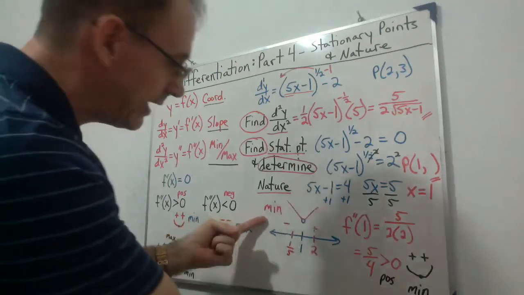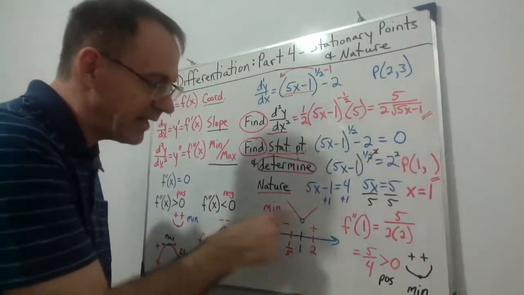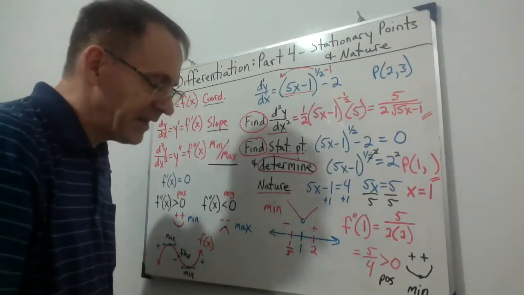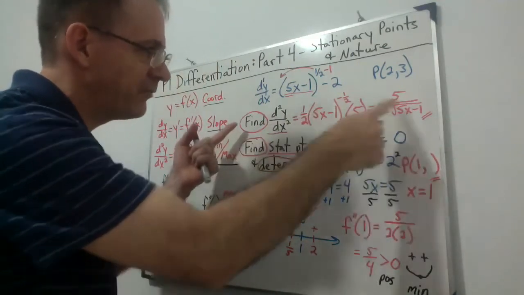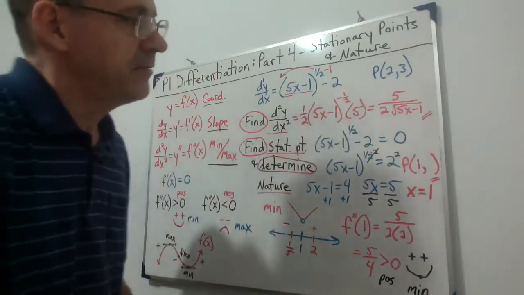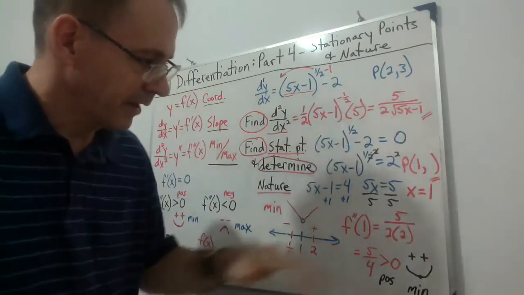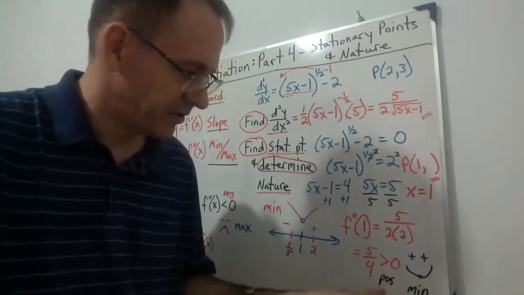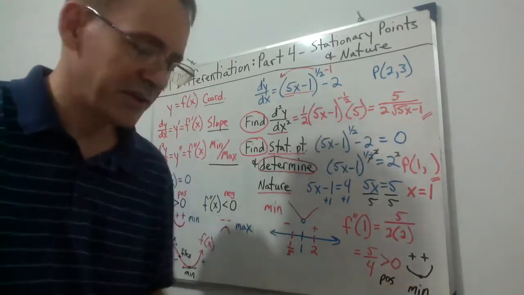So either way, we end up with minimum. Again, this way is not my favorite. I prefer the second derivative test. We already found the second derivative, so it's much easier, especially in this example, to just evaluate it and see if it's positive smiley face or negative frowny face. And this is a minimum.